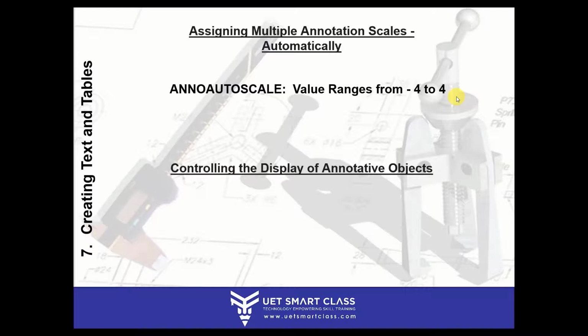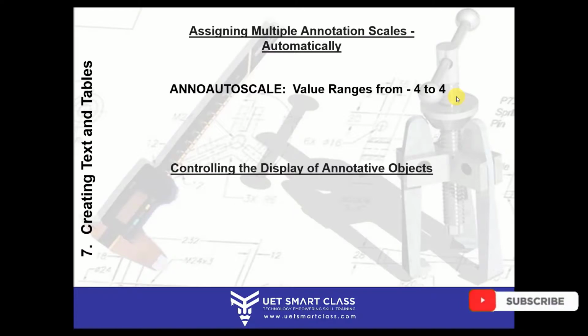So if the object is in a locked, frozen or off layer, it will not apply to that particular object. If the value is 2, it will apply to all the objects again, except the objects in the turned-off layer, frozen layer and viewport frozen layer, which will not be applied annotation scales.